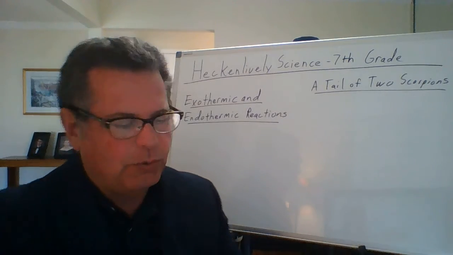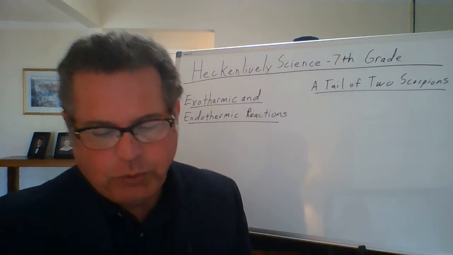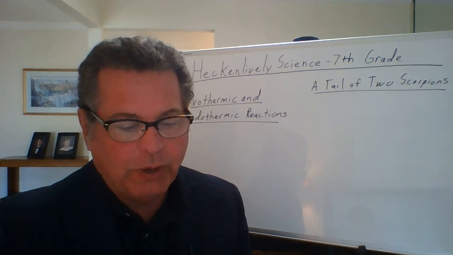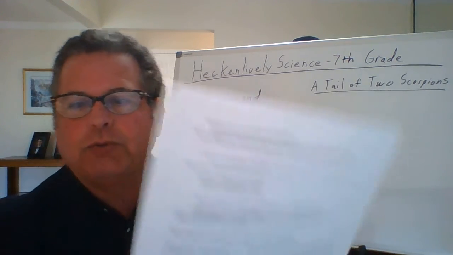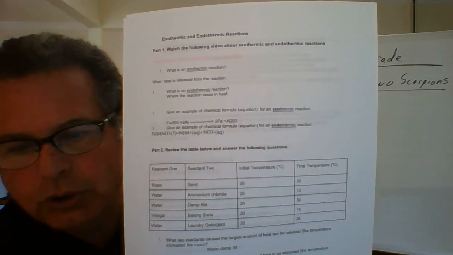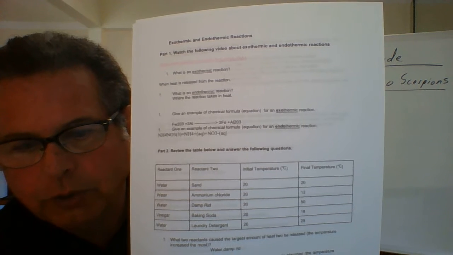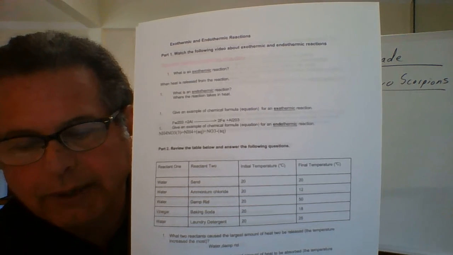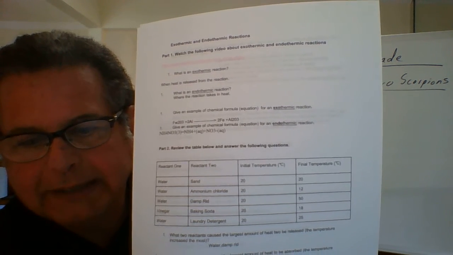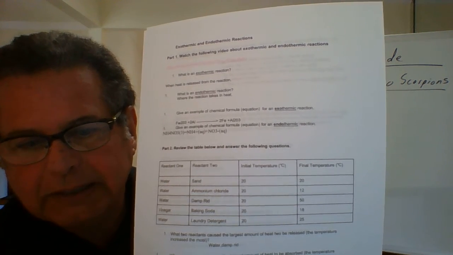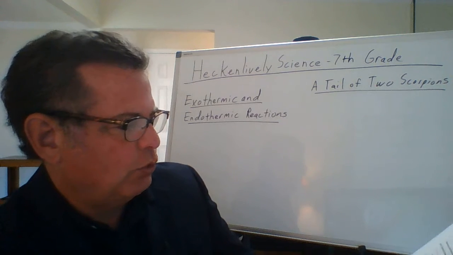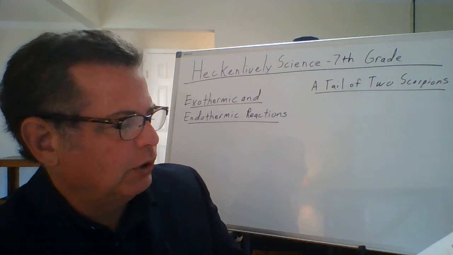Okay, so things to look at: when we put water with ammonium chloride, notice how it went from 20 degrees to 12. When we put water and Damp Rid together, it went from 20 to 50. And then the others were baking soda and vinegar.